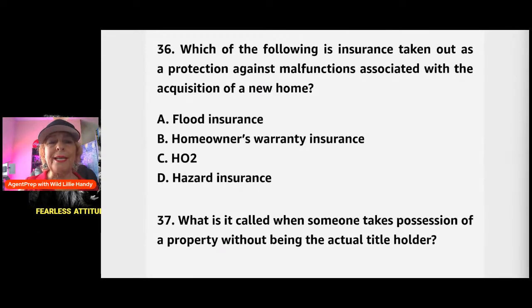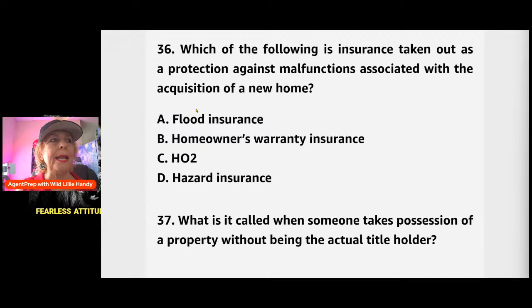Which of the following is insurance taken out as a protection against malfunctions associated with the acquisition of a new home? A, flood insurance. B, homeowner's warranty insurance. C, HO2, water, right? D, hazard insurance. So it's insurance taken out as a protection against malfunctions associated with a new home.